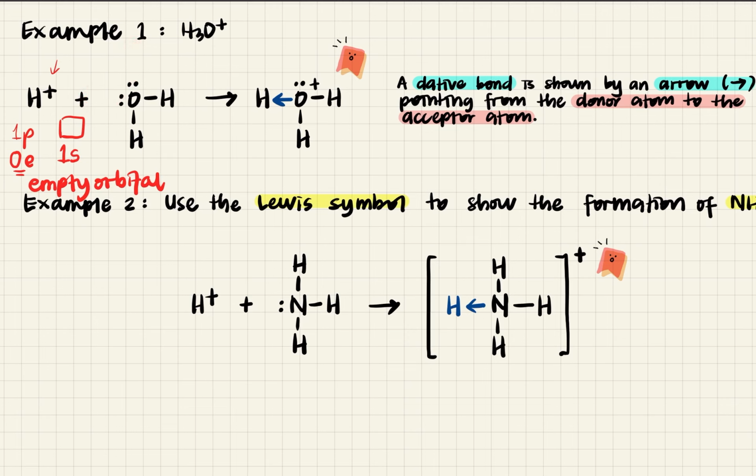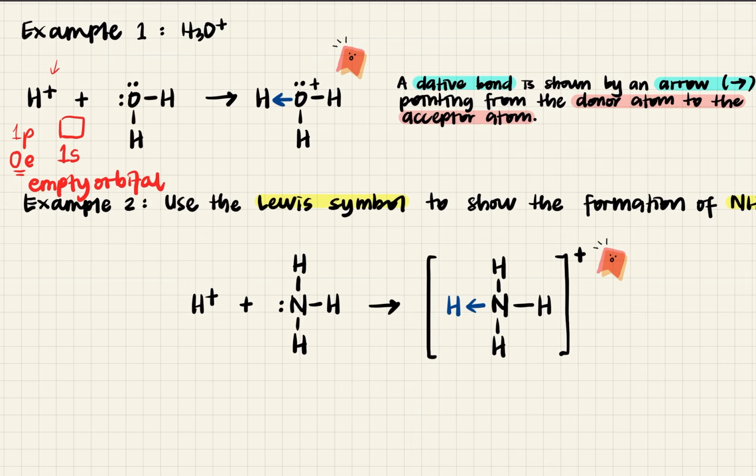Alright, so in this case, to form a bond between hydrogen and oxygen, we will form a dative bond. Now our oxygen has 6 valence electrons around itself. 1, 2, 3, 4, 5, 6 electrons.